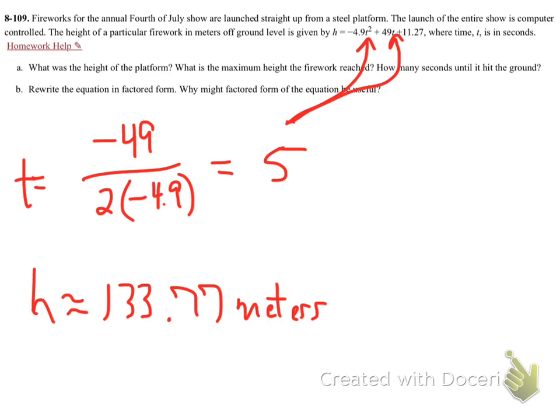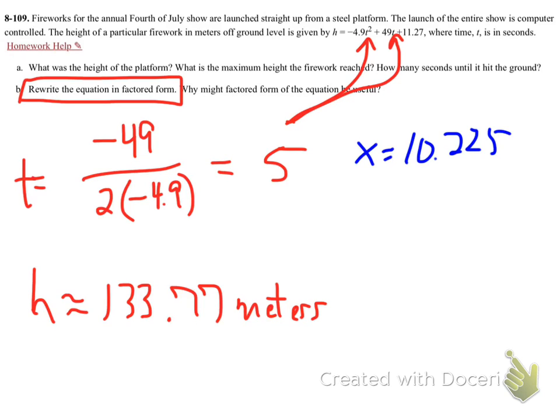All right, the next part here is if I wanted to go through and rewrite the equation in factored form. I already know my x-intercepts. My x-intercepts were 10.225 and negative 0.225.